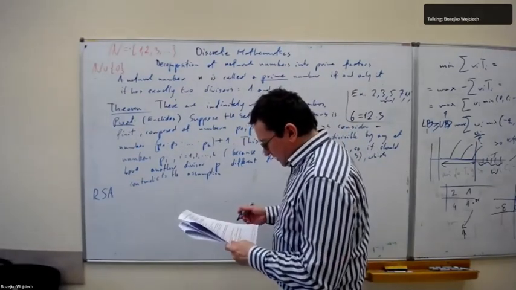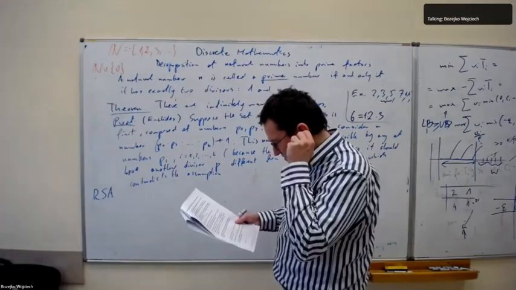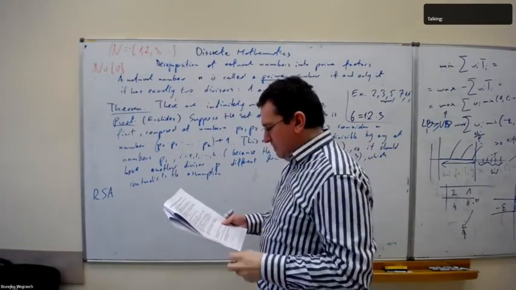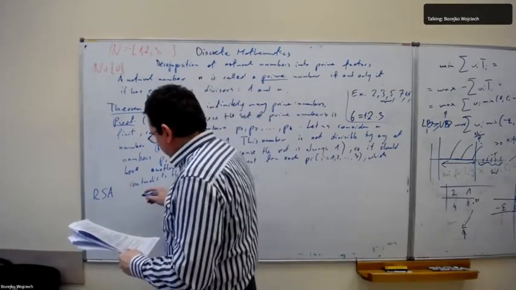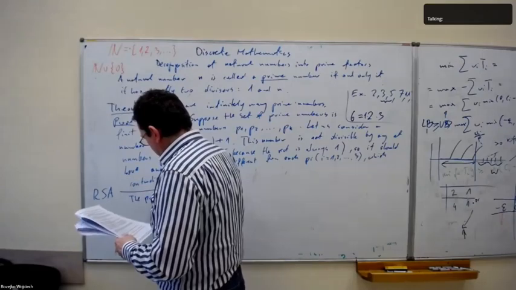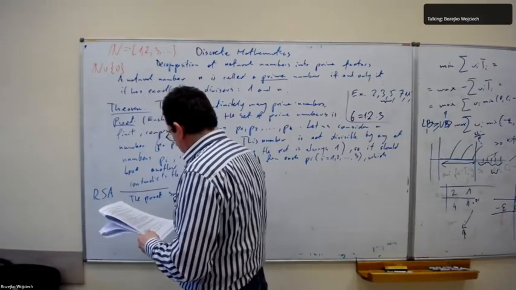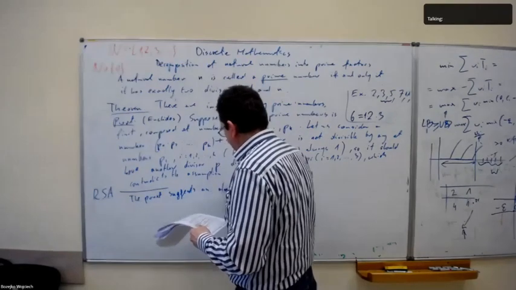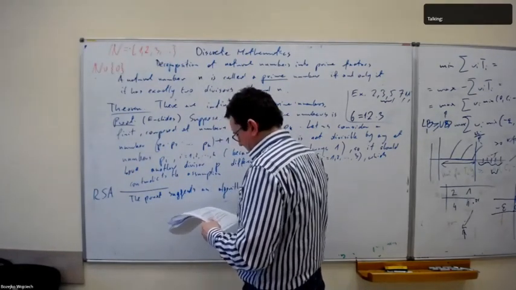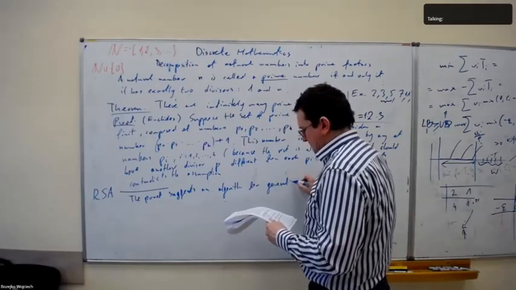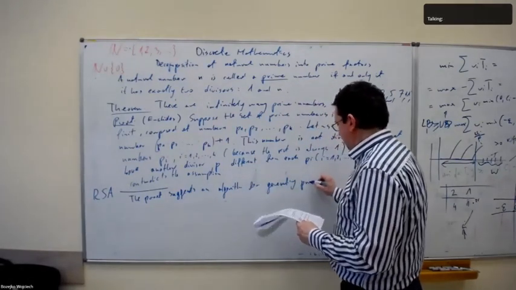Okay, so this proof suggests an algorithm for generating successive prime numbers. The proof suggests an algorithm for generating prime numbers.